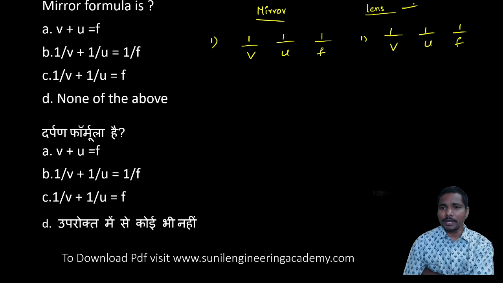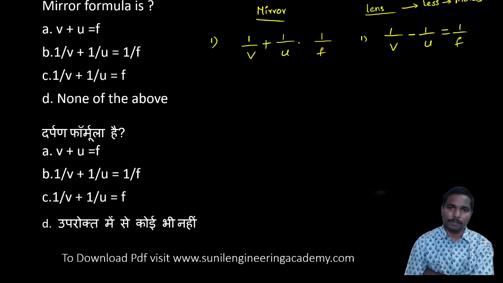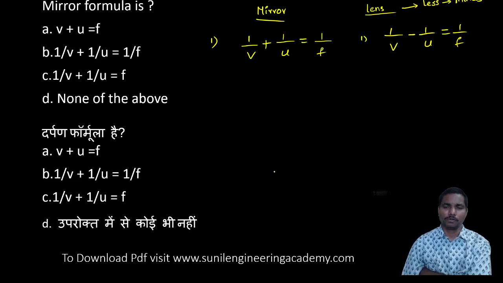Just remember: lens, less, minus. So for the lens you take the minus: 1 by V minus 1 by U is equal to 1 by F. Lens is minus, so mirror is plus: 1 by V plus 1 by U is equal to 1 by F. That is the second point, so you will get the answer.